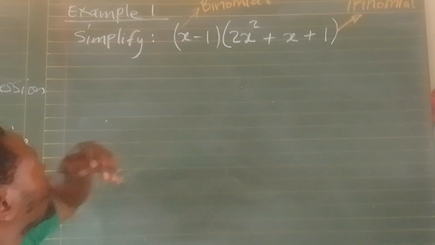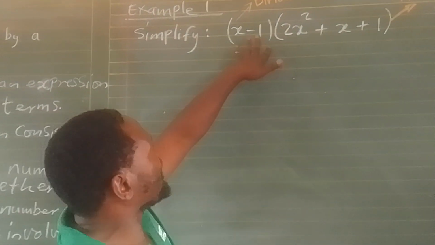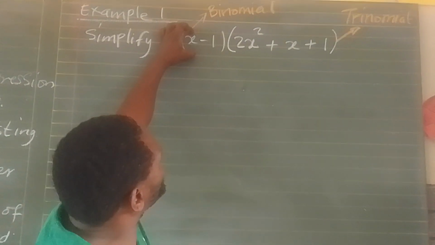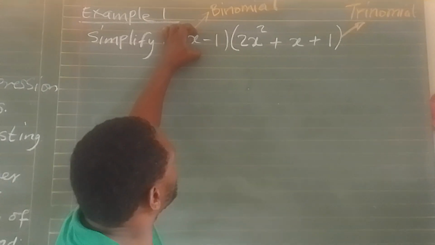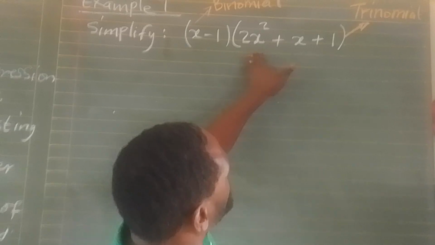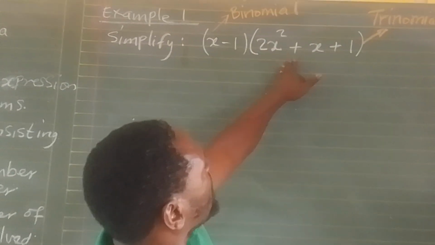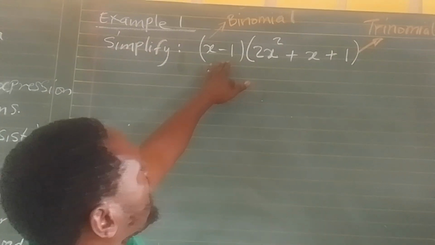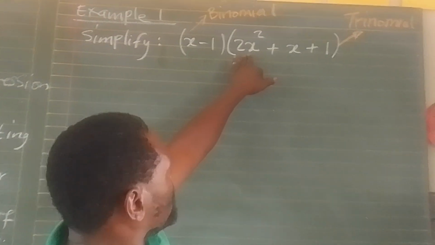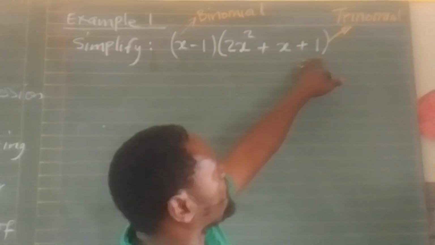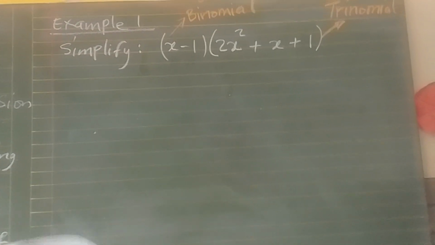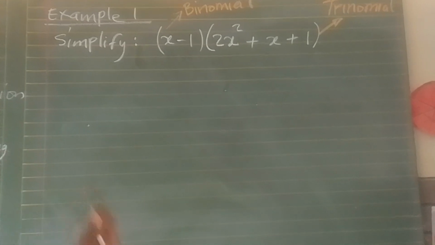Binomial, 1, 2 terms. What we are going to do is take the first variable x and distribute it to 2x squared plus x plus 1. You take the negative 1 and distribute it to 2x squared plus x plus 1. Then you find your final answer by collecting the like terms.